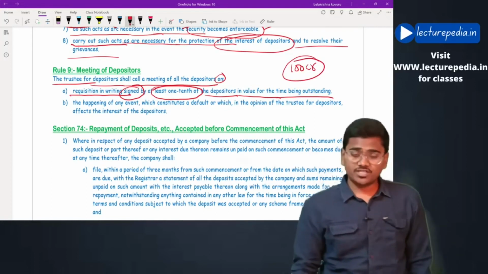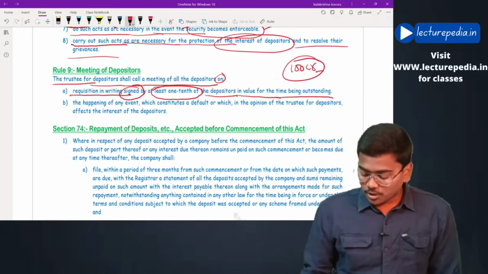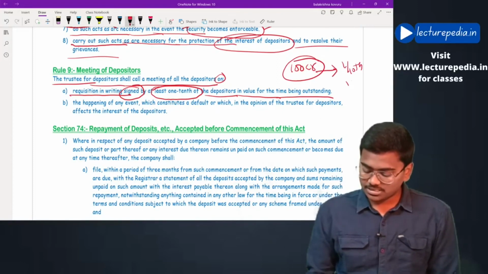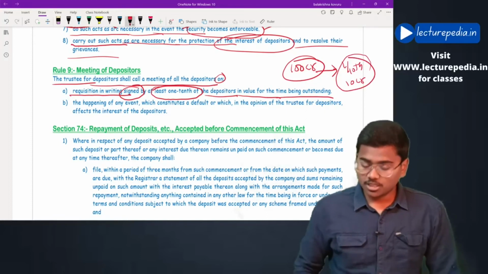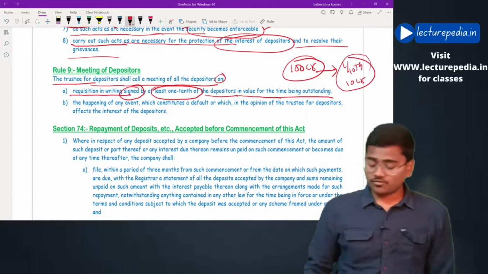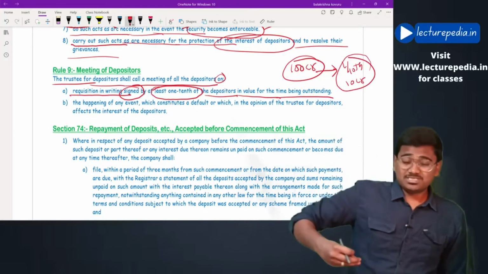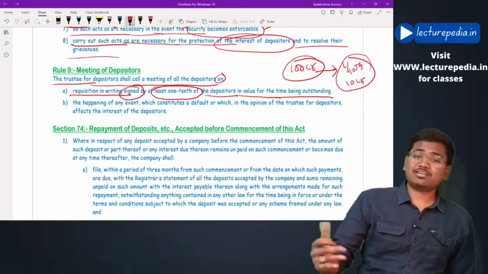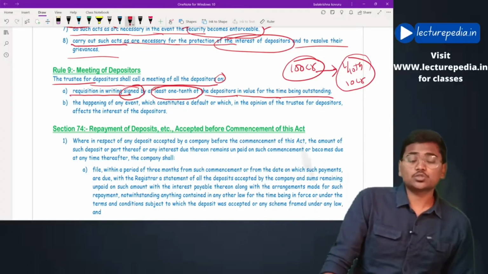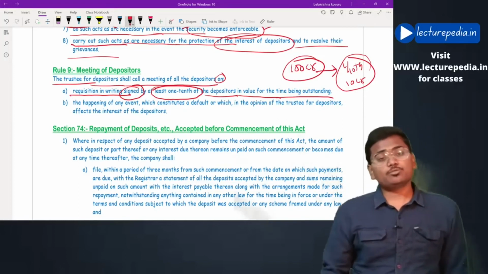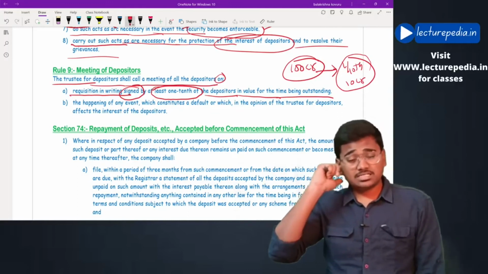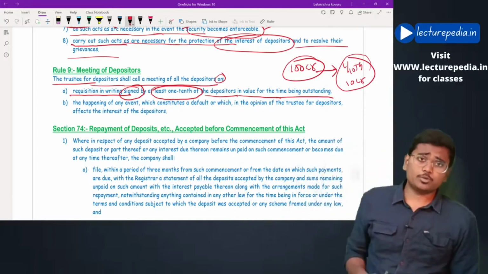Of this 100 crore, depositors holding at least 1/10, that means 10 crore, give or submit a request to the trustee asking to conduct the meeting of deposit holders. Once such a request is received, the trustee must conduct a meeting of depositors.